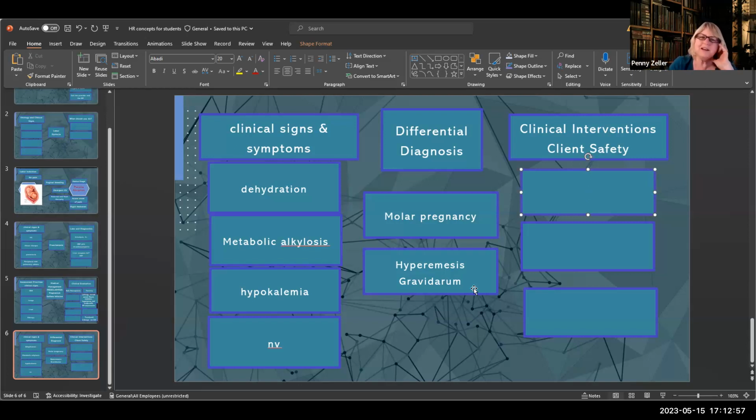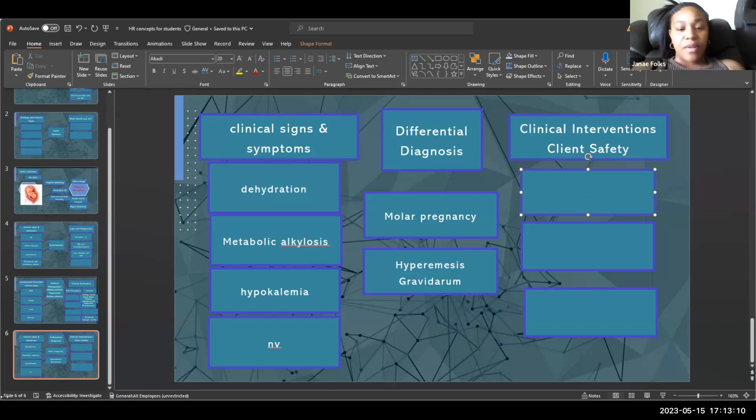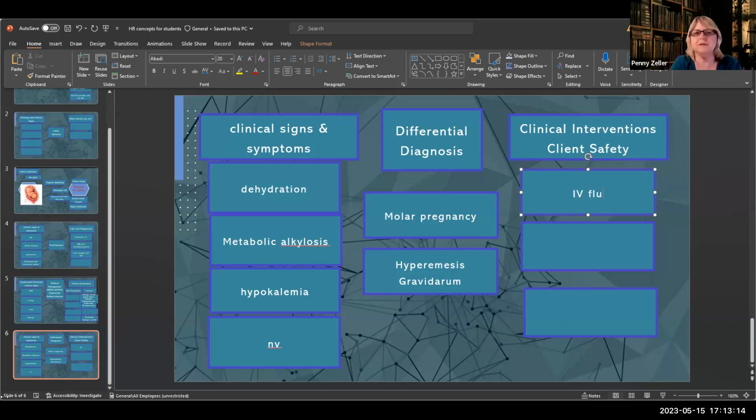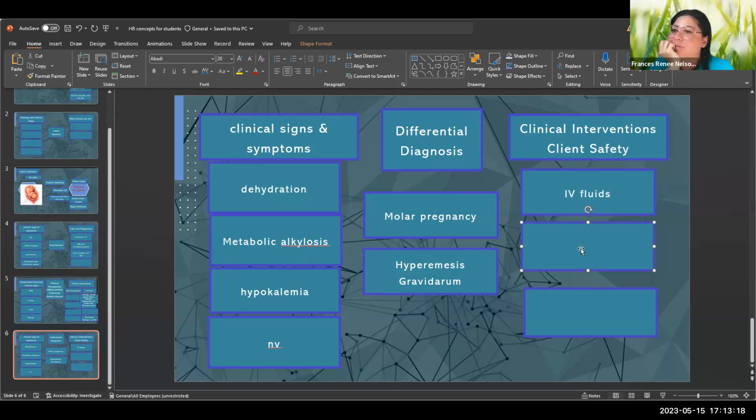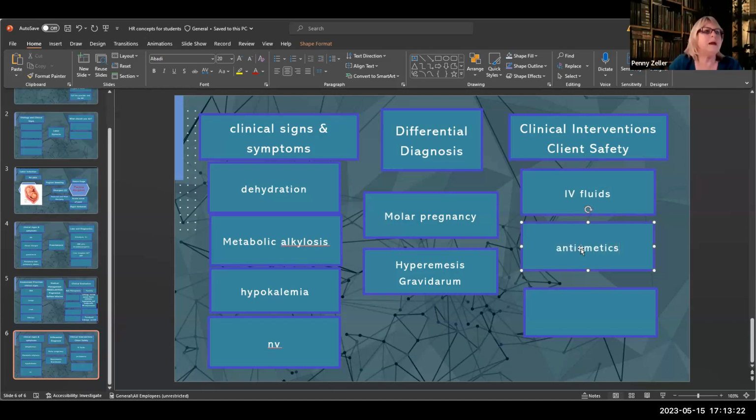Just try to picture you in a room admitting a client who's got hyperemesis or molar pregnancy and they're miserable. What's the one thing you would want to do? IV fluids, absolutely. And maybe antiemetics and maybe pain medication if they need it, analgesia, okay?